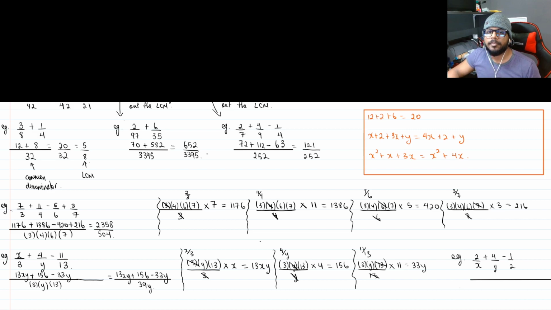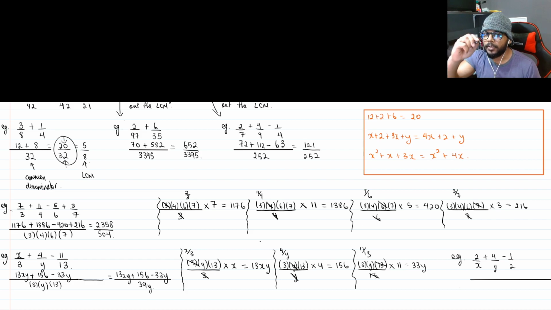And please, please, do not cancel this y with this y and this y here. Don't do that. Okay? For now, whenever we're working out LCMs and either the numerator or the denominator has more than one term on it, do not cancel. You see how for this example here, I was able to cancel the 20 over 32 because I had one term on top and one term below.